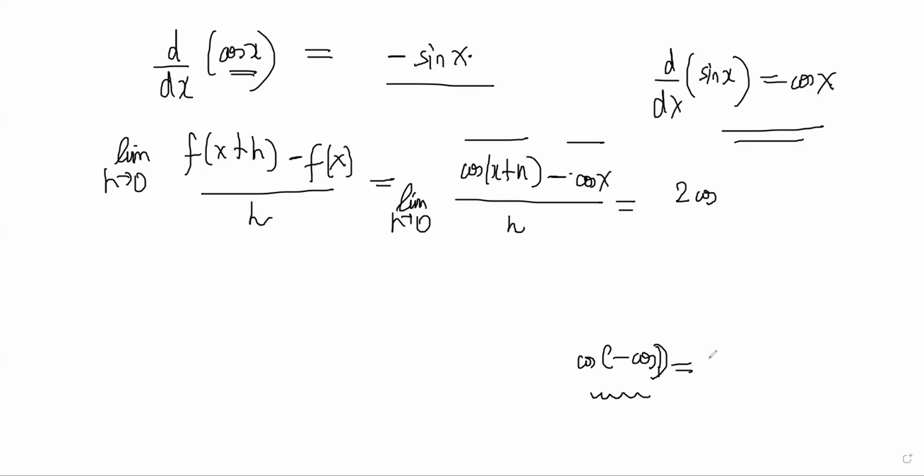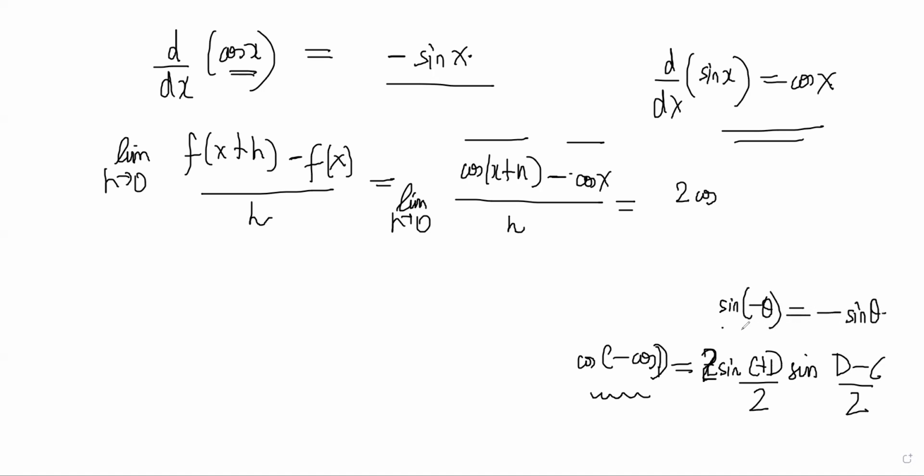Sir, it's minus 2 sine c plus d by 2 into sine c minus d by 2. I have written sine d minus c by 2 because I don't want to put a minus 2 in front. And you should know the sine of minus theta is minus sine theta. If you don't know that, we will do the derivation and everything soon, so don't worry about it.